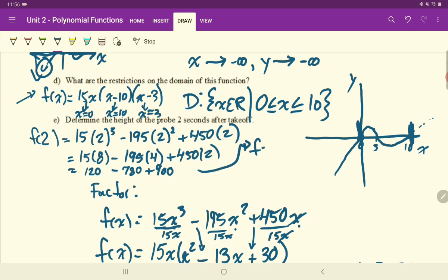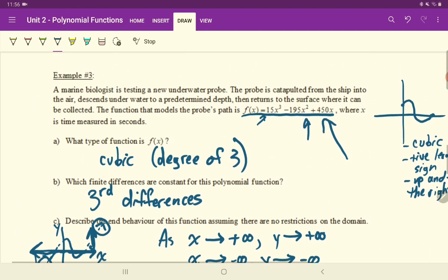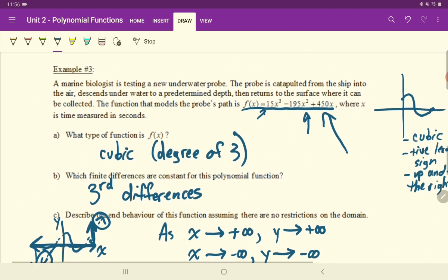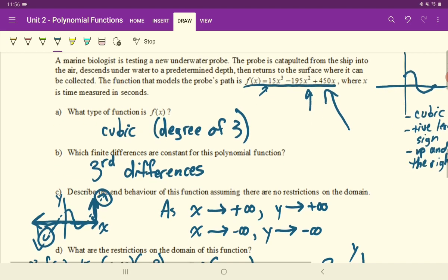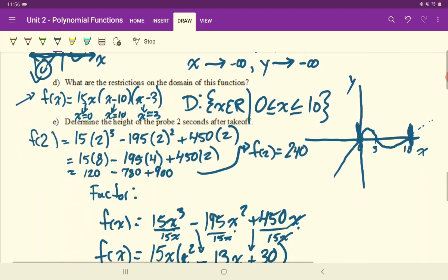Final answer for f at 2: it is 120 minus 780 plus 900. We are at a total of 240, and I believe we are in, okay, it didn't say if we're in meters. Let's assume that we're in meters. 240 meters into the air after just 2 seconds.